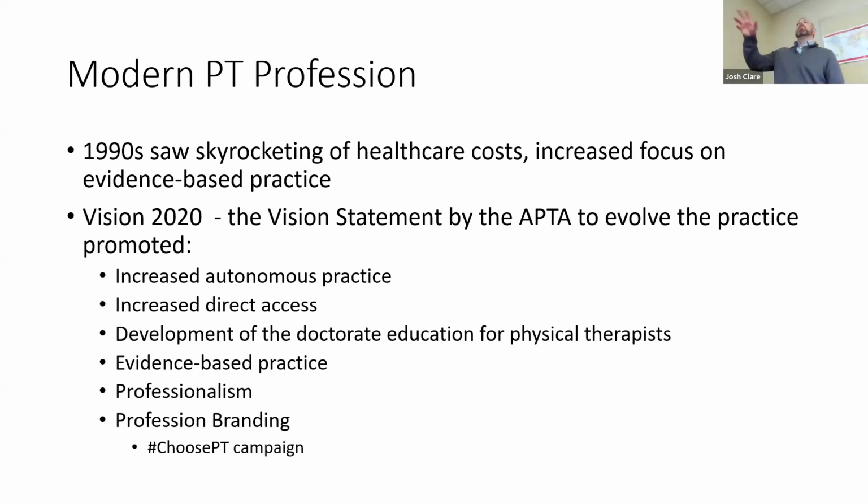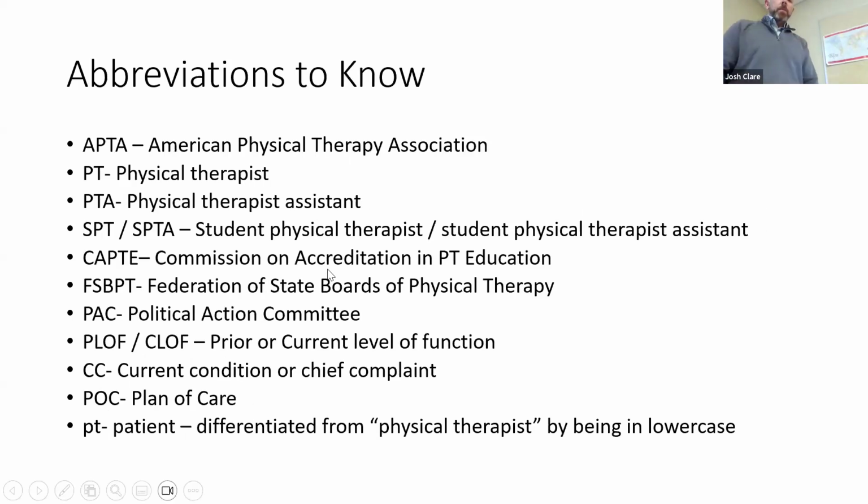The reason we moved it to the doctorate degree is so that we would know what we shouldn't be treating and could strengthen our need and use of direct access. Evidence-based practice, professionalism, branding. Branding, I'm a little skeptical on. I guess it's okay, but anyway.